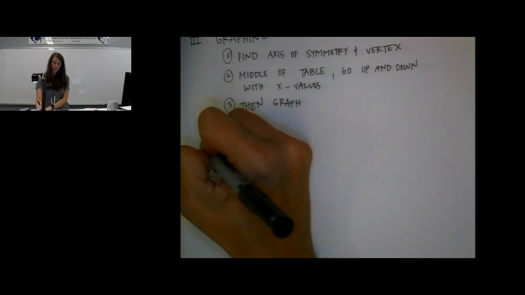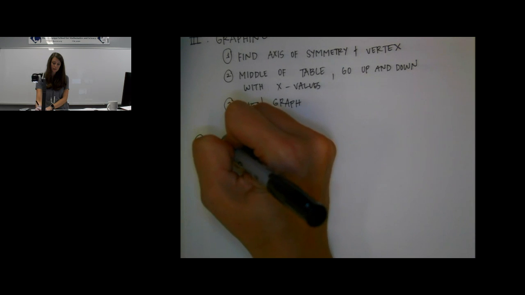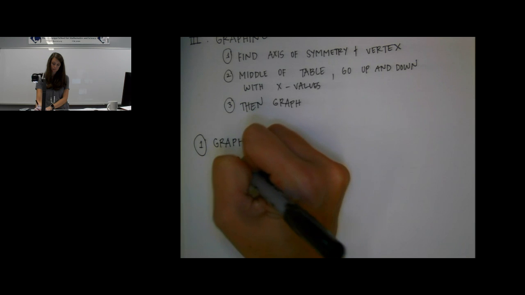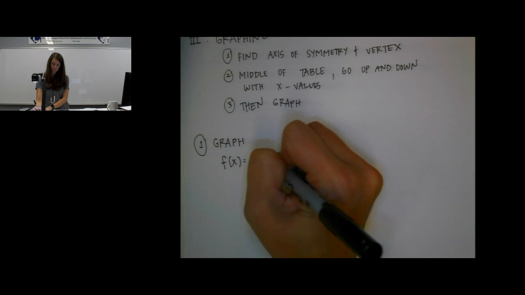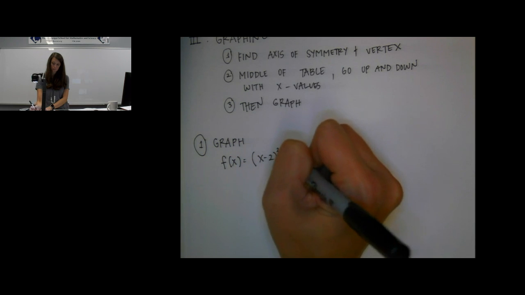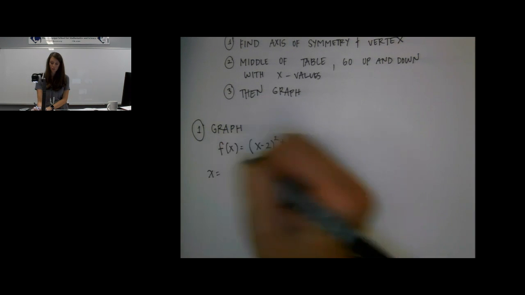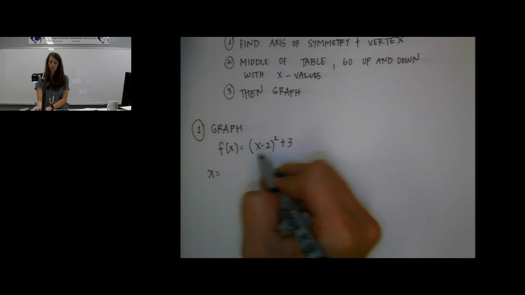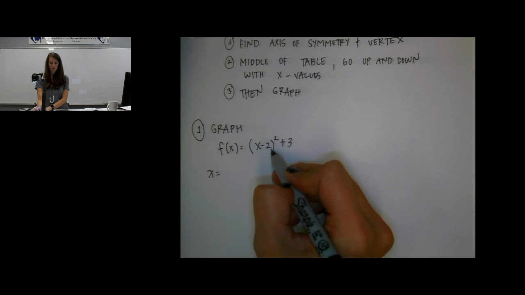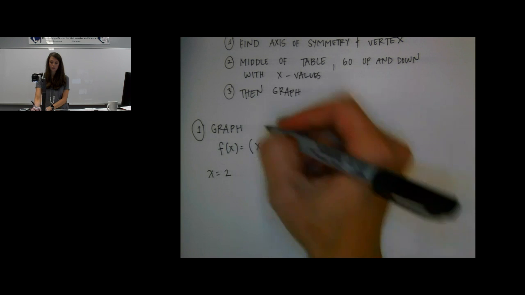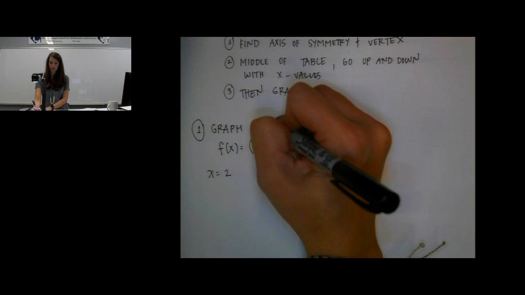So if I wanted to graph this function here, it's in vertex form, so the axis of symmetry here is going to be a positive 2. Remember, it's the opposite sign of what's inside.